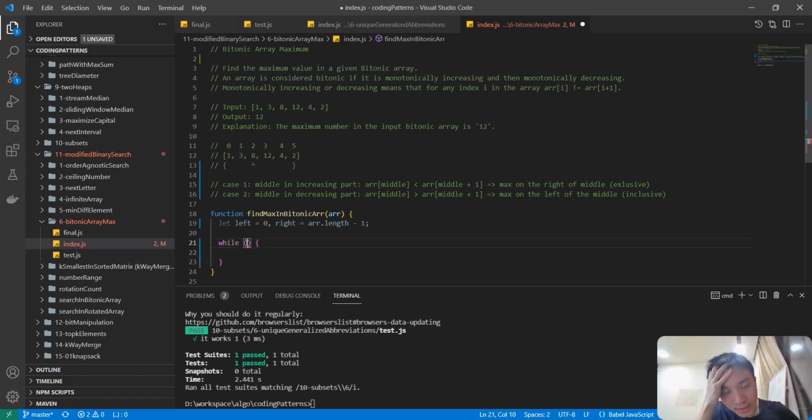Okay, so what is the condition that we want to get into the loop here? Is it left less than right, or less than or equal to right? Let's say less than or equal to right, but we can update it later.